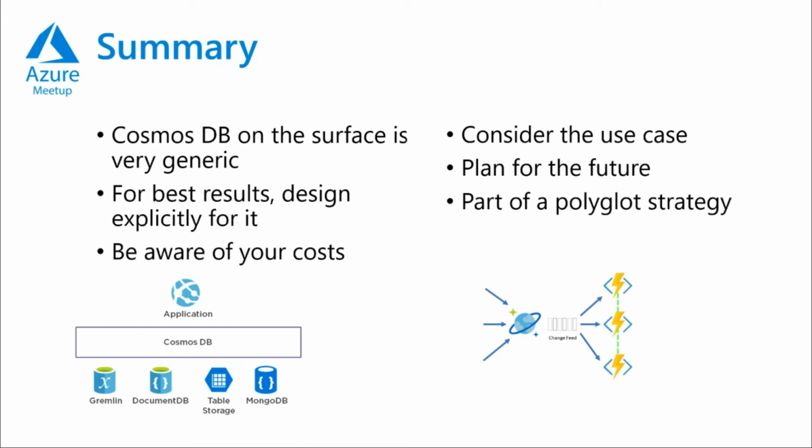Finally, I really encourage you to look at careful design of how you approach the Cosmos DB usage. If possible, try to limit it to the stuff where we actually need that level of scale.